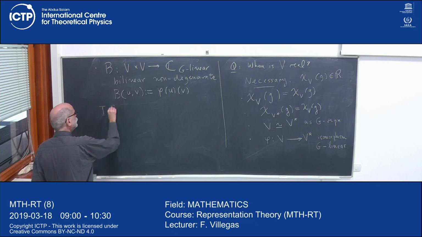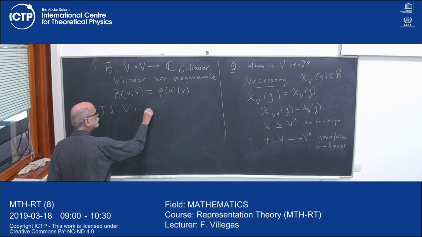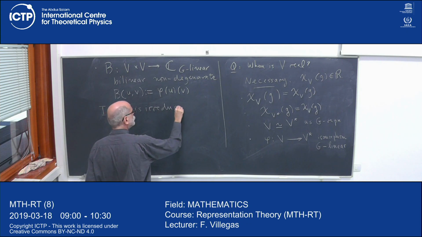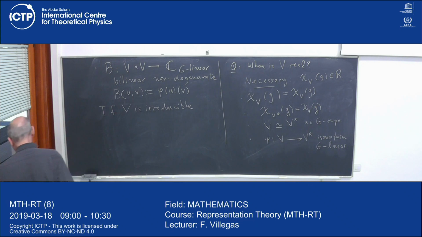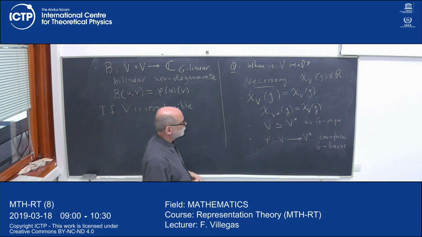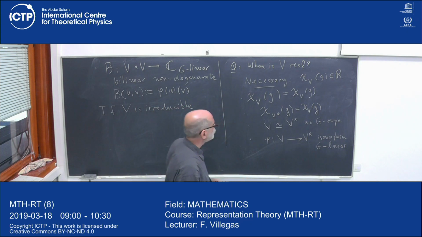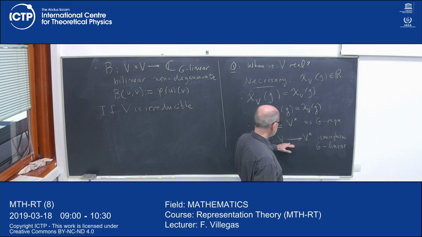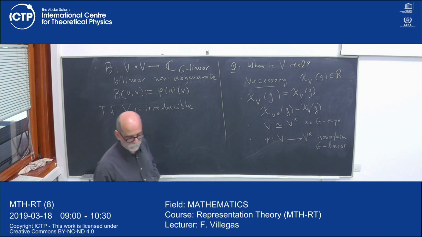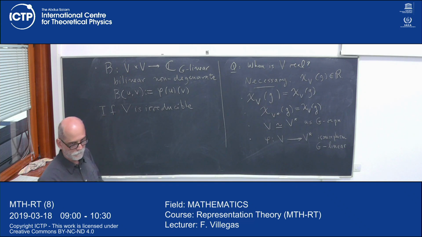Now, if V is irreducible, then what can we say about the situation? What if I have two such maps? What can we say about them? We can use Schur's lemma.